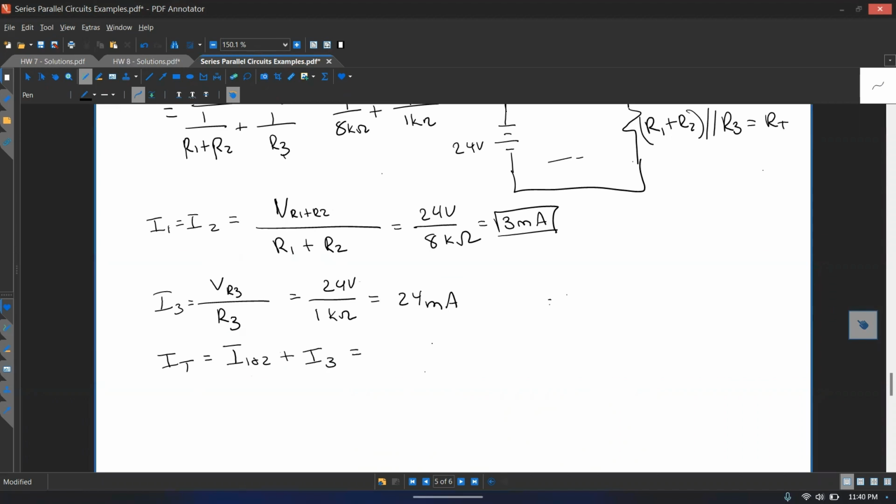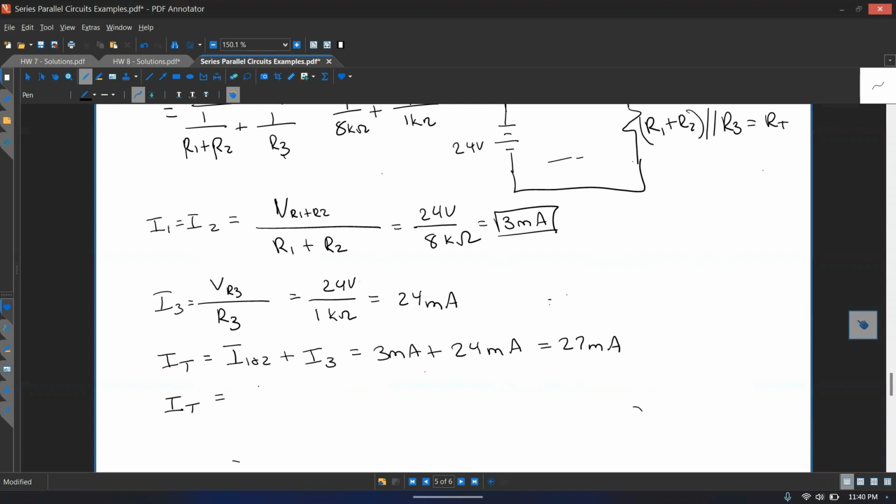And so that's going to equal I1 and 2, which is 3 milliamps, plus I3, which is 24 milliamps, which equals 27 milliamps. And if we wanted to, we can go ahead and solve it like we usually do.